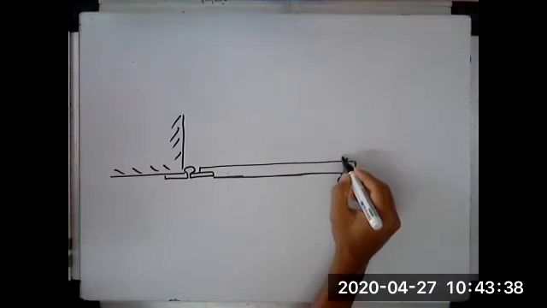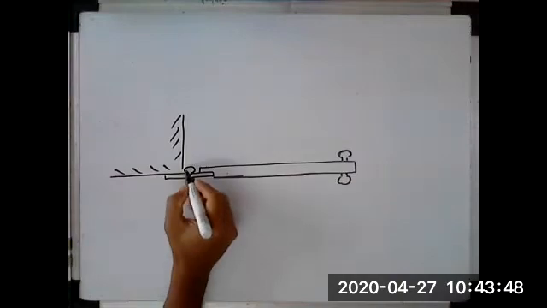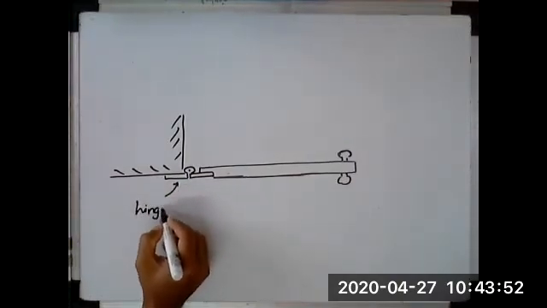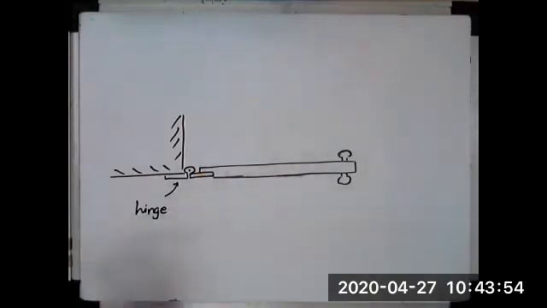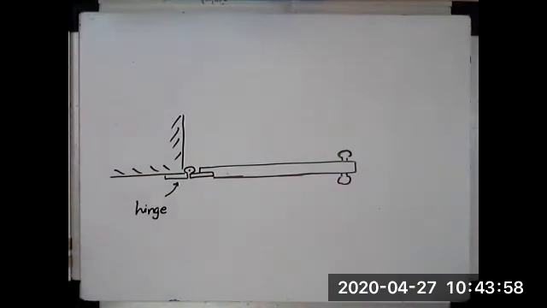So this is you looking at the cross section of a door. This is the wall or some rigid object. This is the hinge through which the door will rotate. This is the wooden door, and these are the handles to the wooden door. All right.